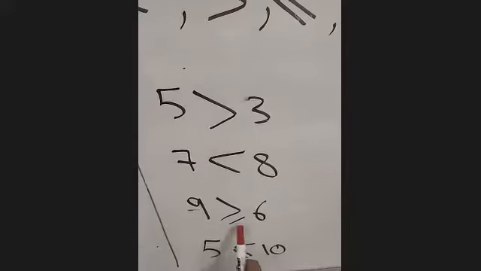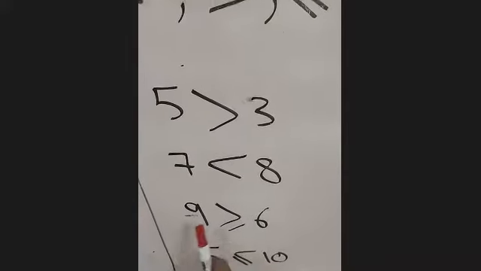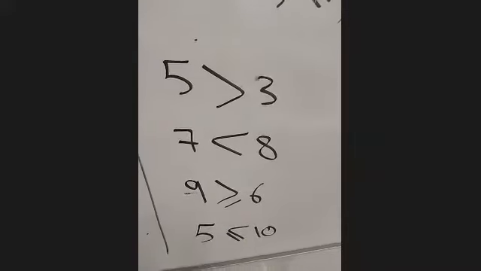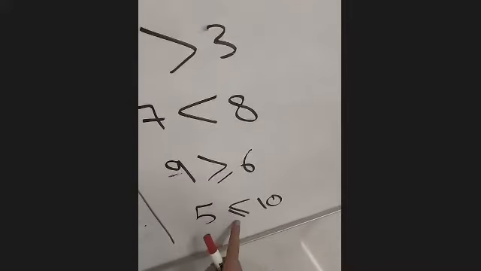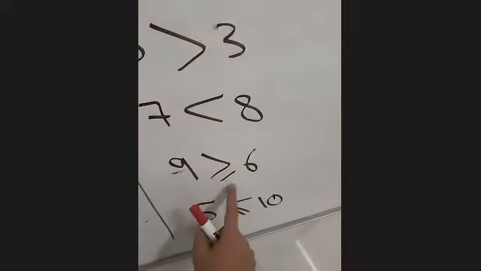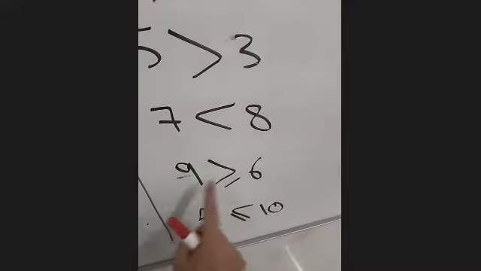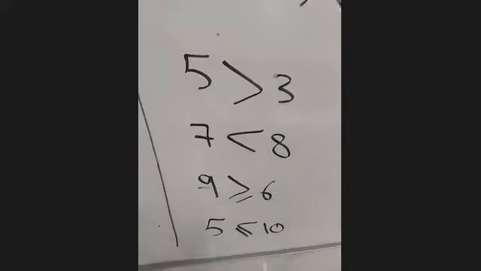Here we can say 9 more than or equal to 6, or we can say 6 less than or equal to 9. Here we can say 5 less than or equal to 10, or we can say 10 more than or equal to 5. So this line, guys, means it has equal with the inequality. It is more than, not equal.